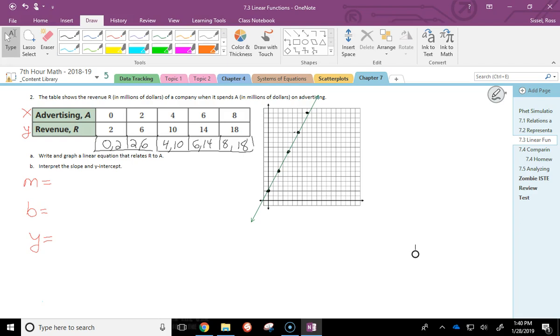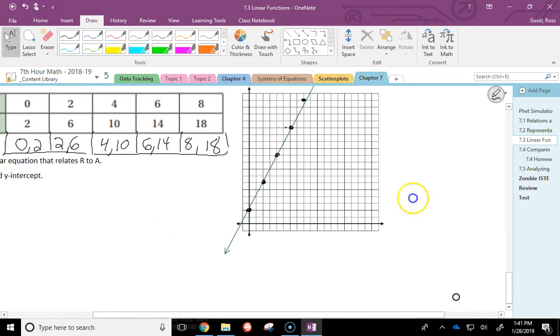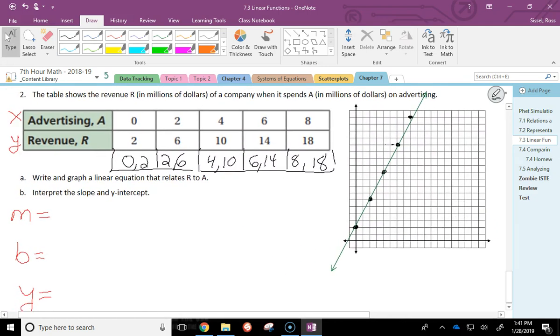Now that I have the graph and I can visually see it, if I zoom in for you, what would be my y-intercept? 2. If I visually look here, there's 0, so 1, 2. Or I could have looked right here. X was 0, so y was 2. What is my slope?